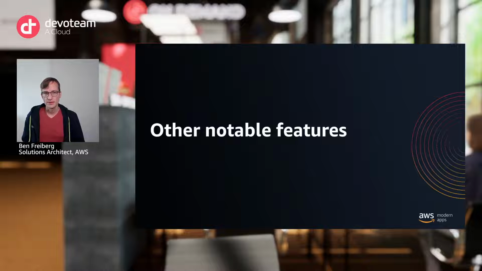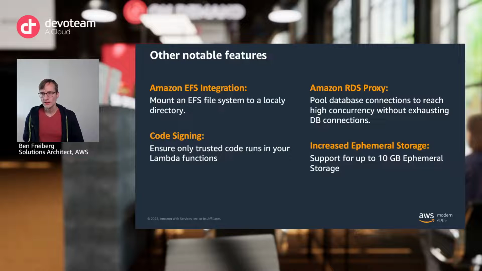Now I would like to look at a few notable features that I think are very useful and very important. One is Amazon RDS Proxy. There's a typical challenge with Lambda or serverless architectures where if you have a function that scales very highly or has a lot of throughput and you need to connect to a database, it's possible to overwhelm the database with connection requests.